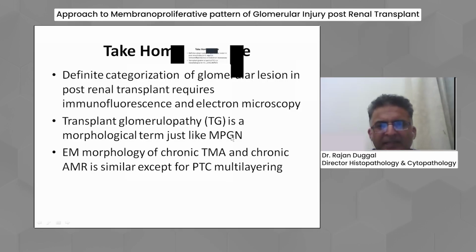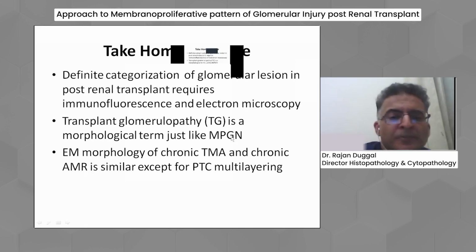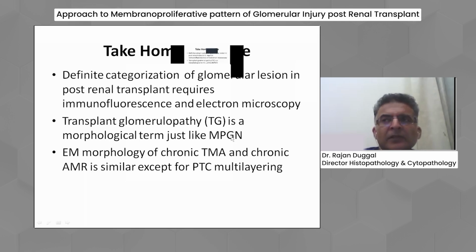So chronic TMA, any specific finding in arterioles? Yes, absolutely. Whenever we see chronic TMA, mostly we see it in a setting of chronic CNI toxicity and chronic uncontrolled hypertension.